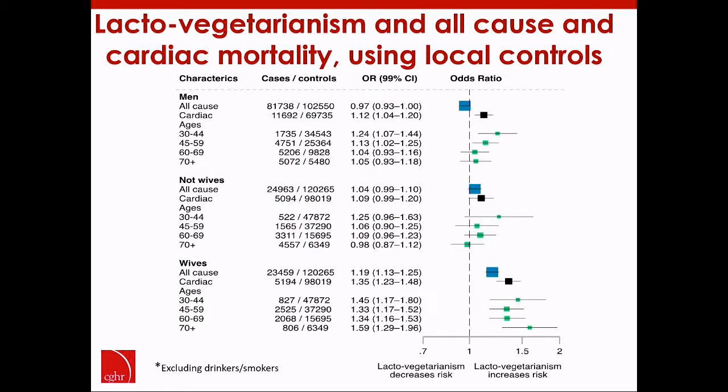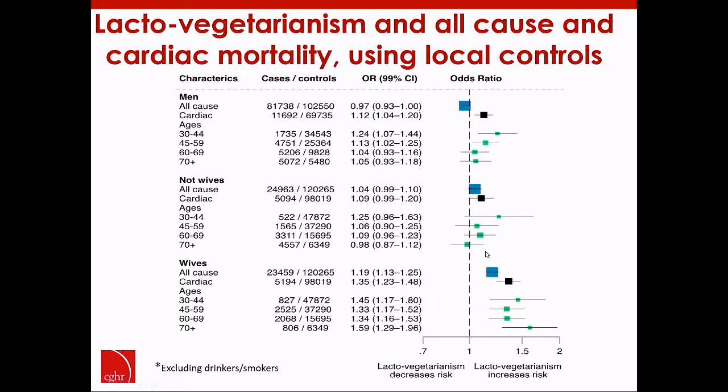And what do we find? Well, interestingly, there is no reduction in overall mortality for being a lacto-vegetarian, either as a man or a woman. And in fact, there's a slight excess of cardiac disease in men, the same in women who are not wives, but curiously, a notable increase, a 35% excess risk, in wives. Now, why should wives be different?